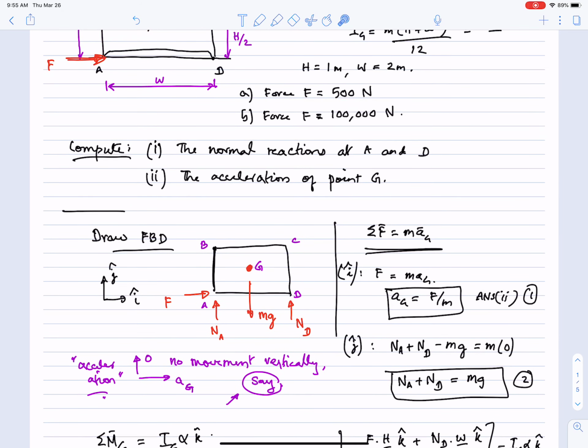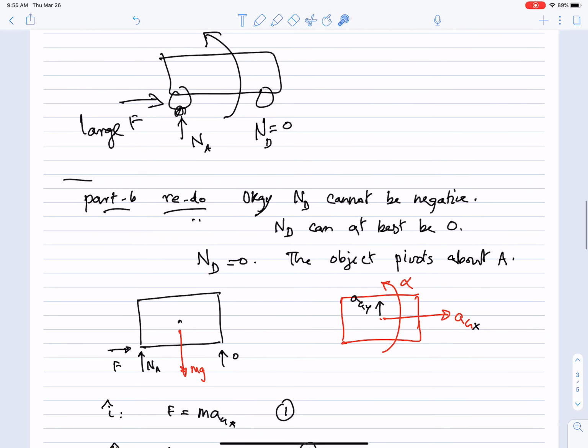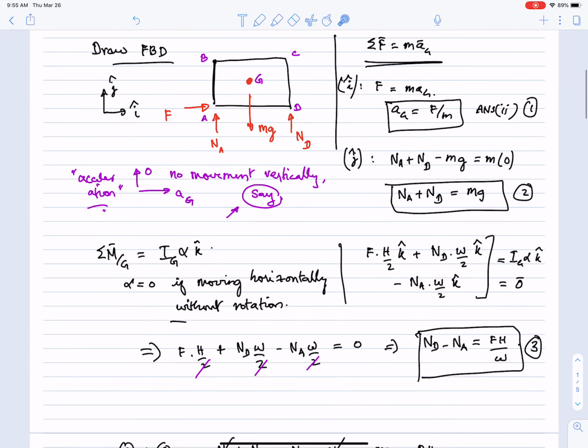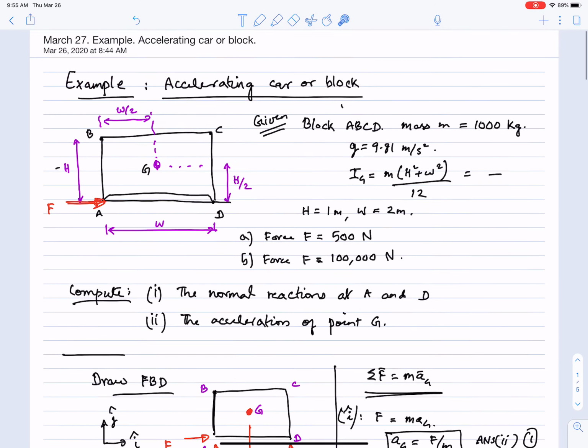We will say, assume that the object is moving horizontally without rotating, or assume that the object is moving in a manner that A moves horizontally, but other points have both horizontal and vertical accelerations. So we will make those assumptions explicit. In this particular example, I tried to motivate how those assumptions arise, but in an exam, we will make sure that you know what the assumptions are.